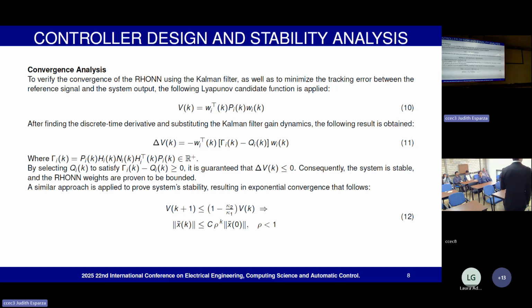In equation number 10, we propose the use of a quadratic function of the weight, and after finding the discrete time derivative and substituting the Kalman filter gain dynamics, we found exponential convergence, proving that the neural weights are bounded. A more specific approach was used to prove the whole system stability, resulting in exponential convergence that follows equation number 12.